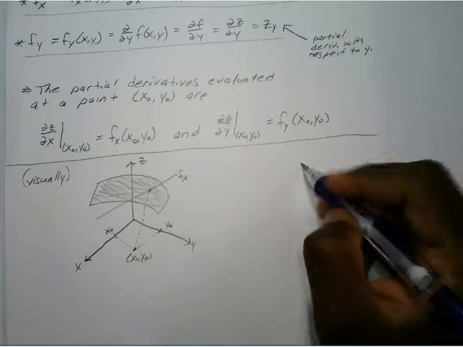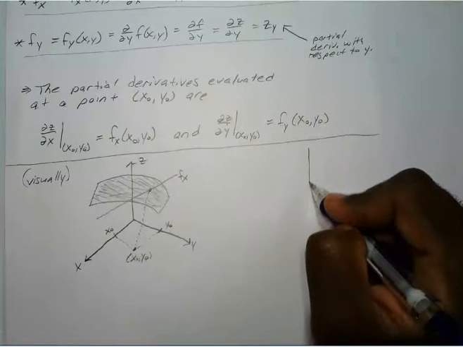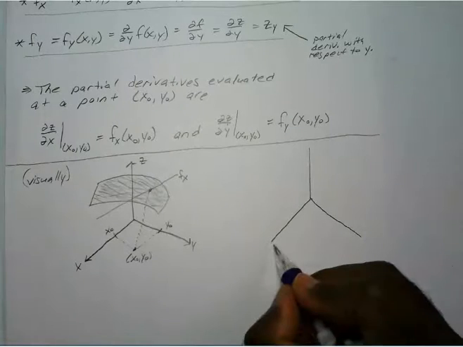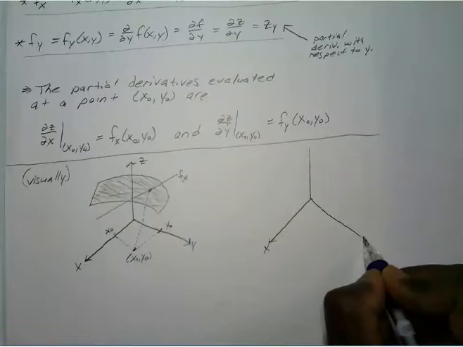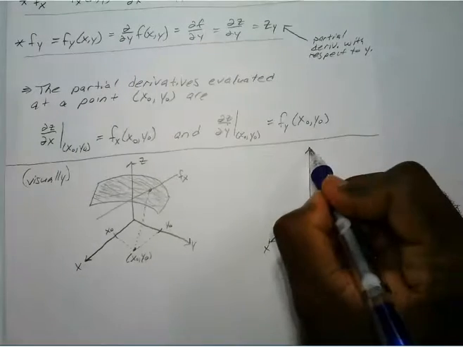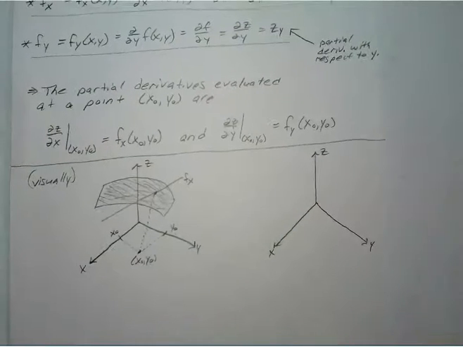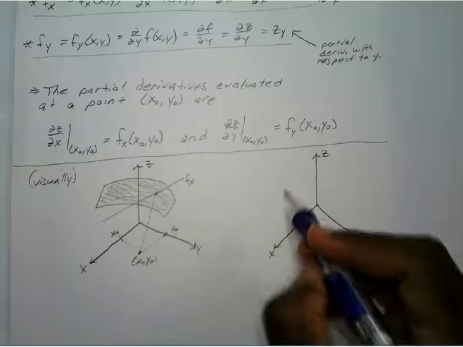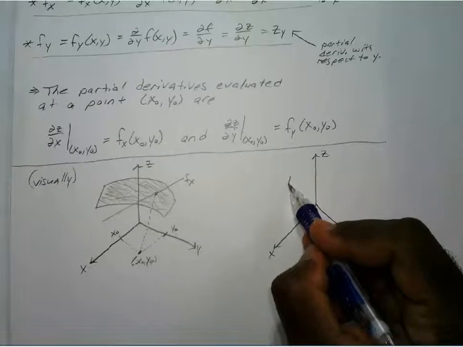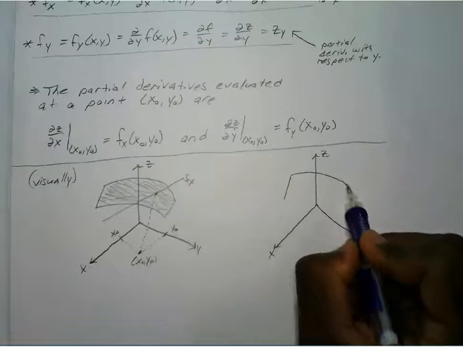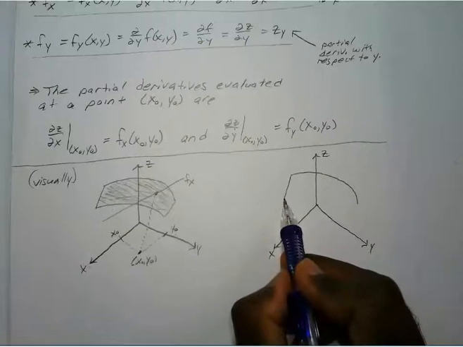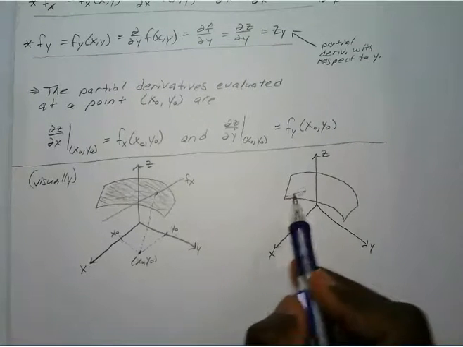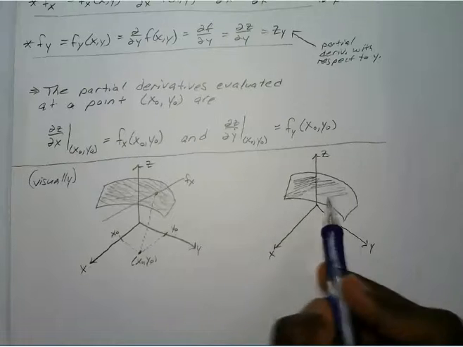Okay. Now, same thing with the y-axis. We draw our x, y, and z axes. And let's say we have, again, just any random object in 3 dimensions. Okay, so this is an object just floating in the air.